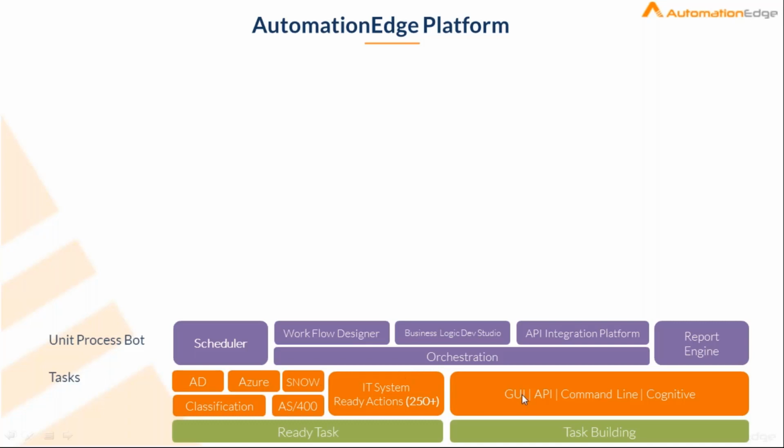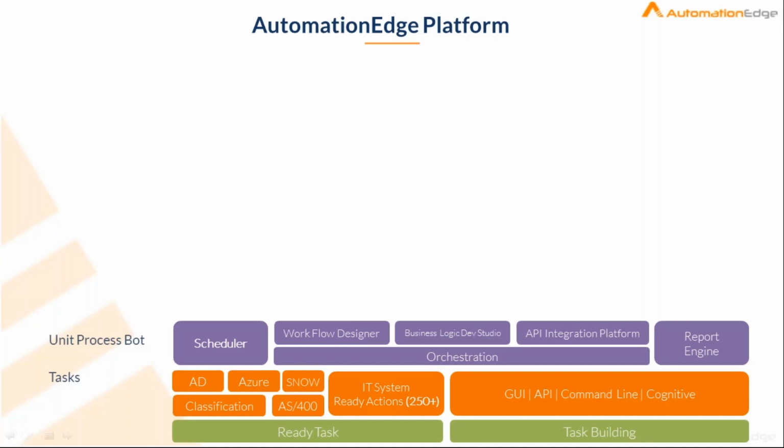Once you build those things, you are essentially building a unit process for automation. For example, you are building a process for "I want to know my leave balance." In that case, it will use the ServiceNow plugin, read the request that somebody has made to know their leave balance, and then go into your HRMS system using the automation workflows which are built, and literally log in as a human or an HR person would do.